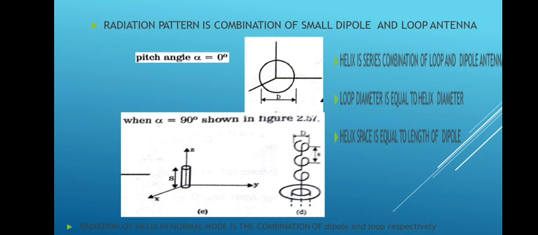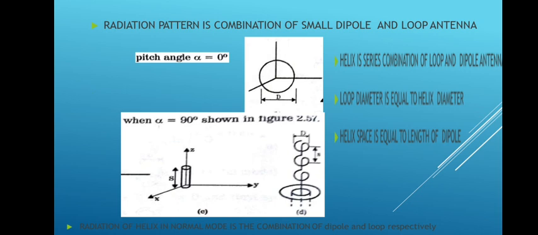Therefore 0 equals S by pi d, or S by C, so S is automatically 0. The spacing between the turns is 0. Then it acts as a small loop antenna, multiple turns at a time. So the helix acts as a loop antenna, where the loop diameter is equal to the helix diameter.